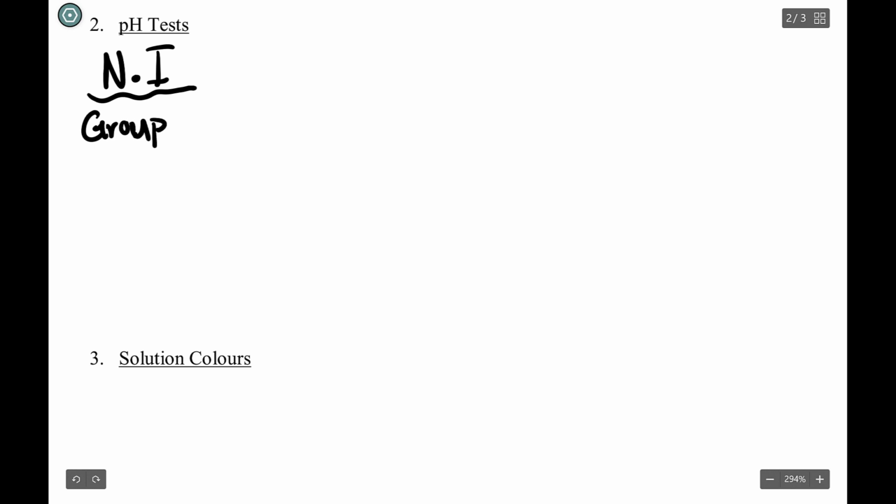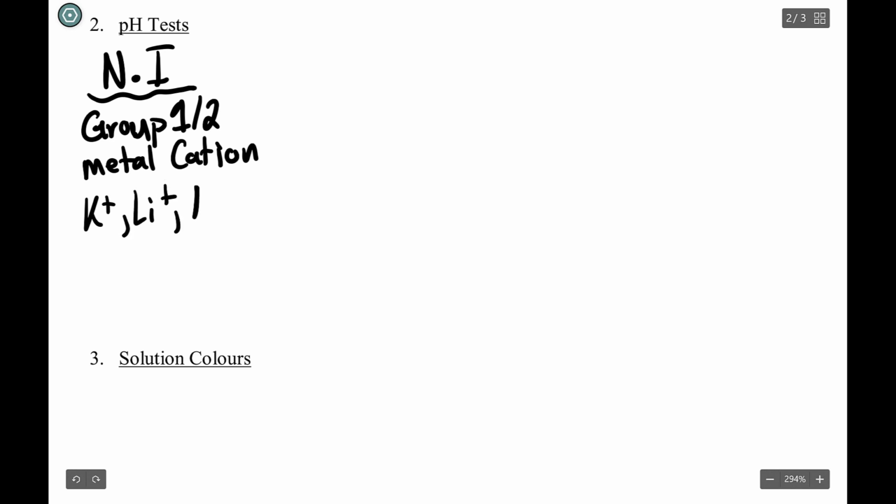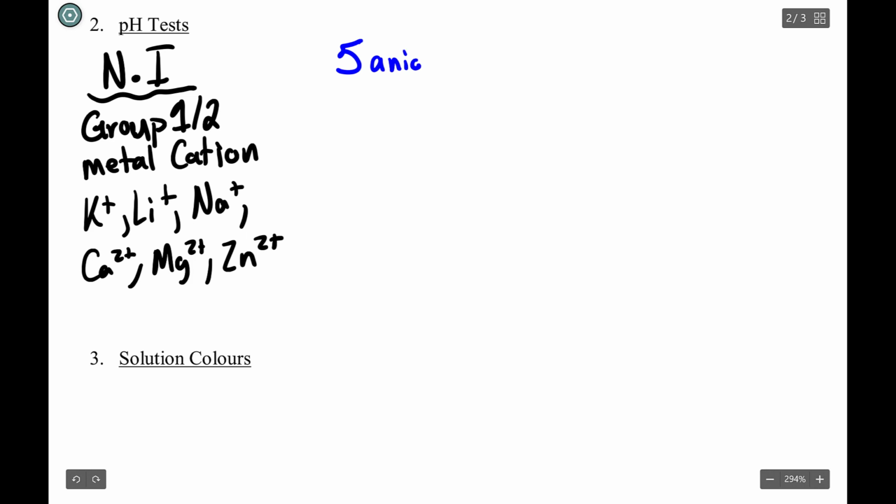But just keep in mind that a neutral ionic compound will contain a group 1 or 2 metal cation, for example potassium, lithium, sodium, calcium, magnesium, zinc, something like that. And it's also going to have one of 5 anions which are neutral. These are the conjugate bases of 5 of the 6 strong acids.